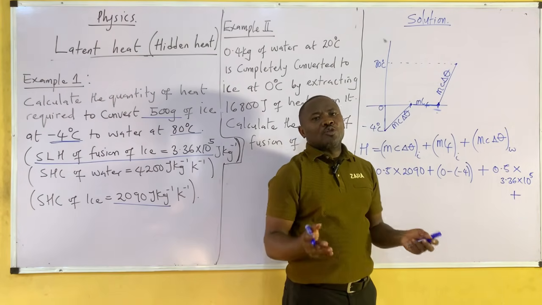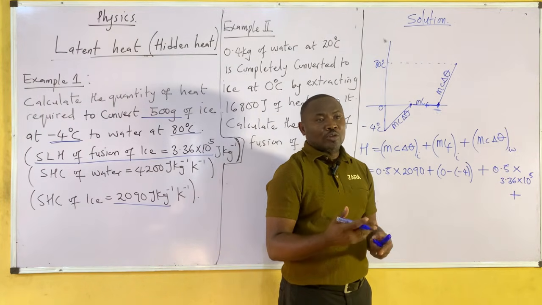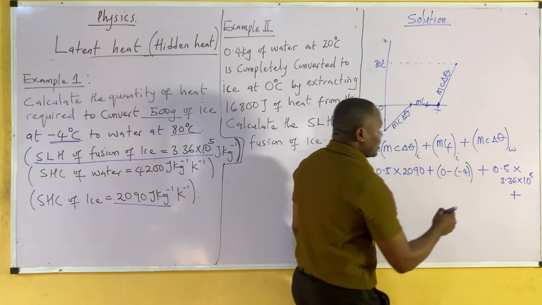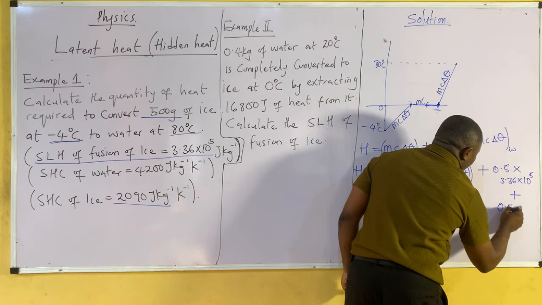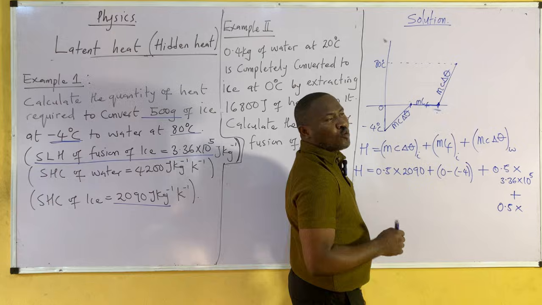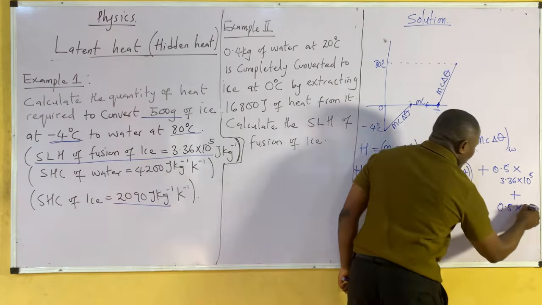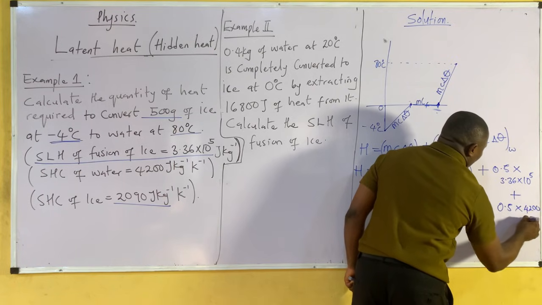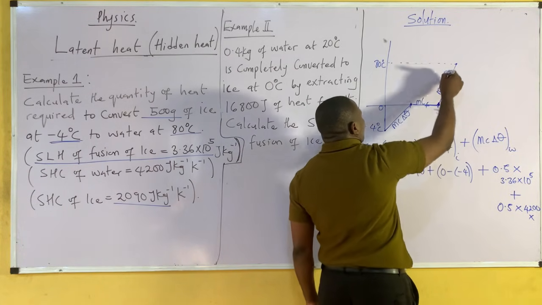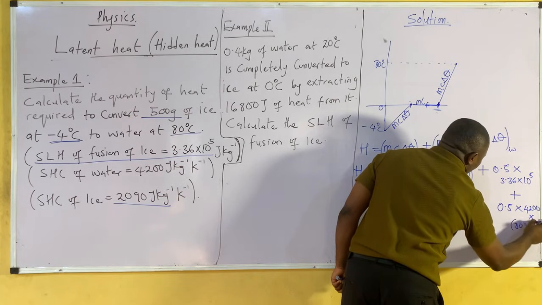Matter cannot be created nor destroyed, but can change from one form to another. So the mass of the ice is equal to the mass of the water. So now I still have it as 0.5 times, what about its specific heat capacity of water? It was given to us here as 4200, times, what's the temperature change? It's changing from 0 to 80. So it will now be times 80 minus 0.